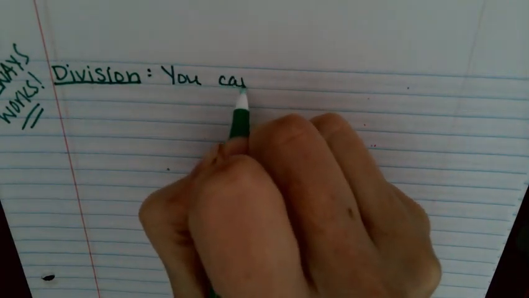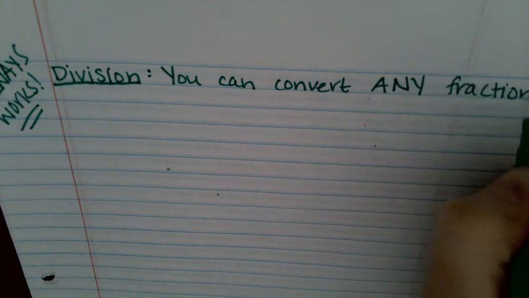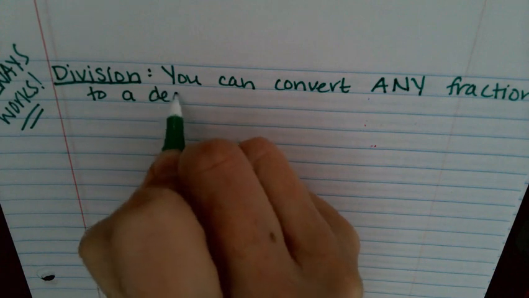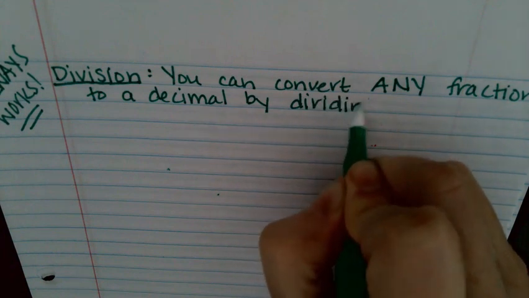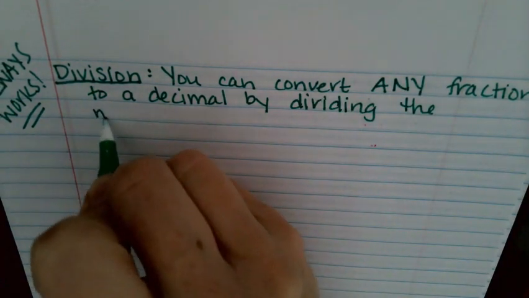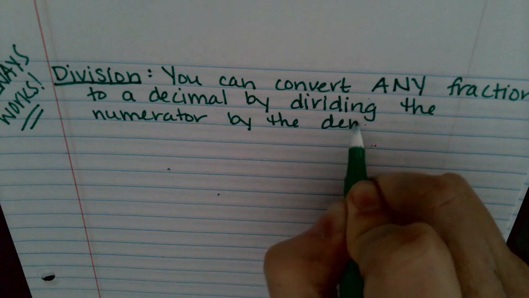Okay? Now, I want you to write this. Always works. Okay? For all fractions. So, you can convert any fraction to a decimal by dividing the numerator by the denominator.